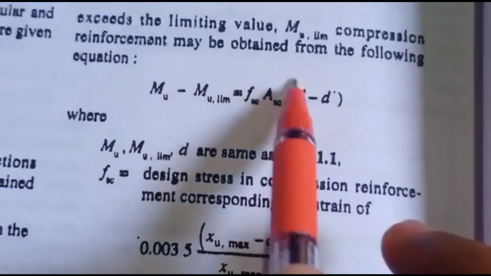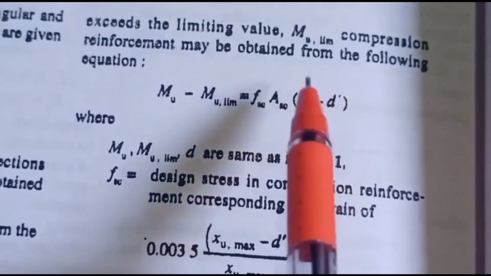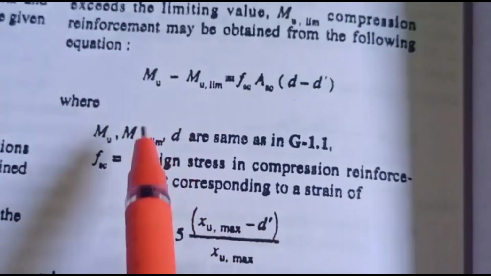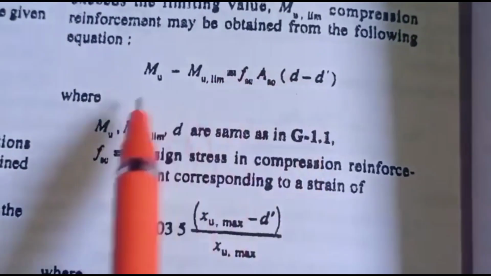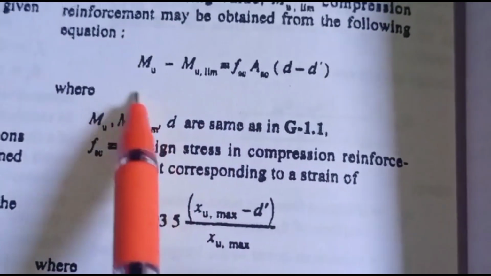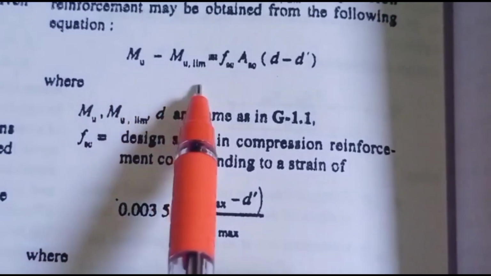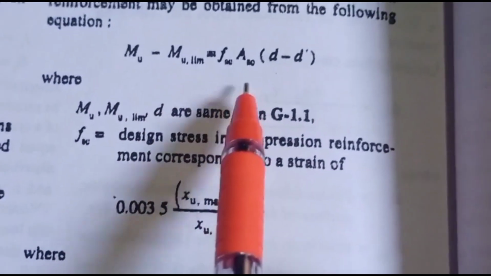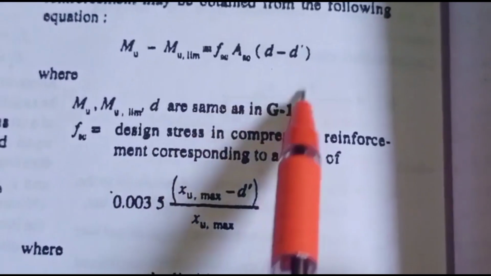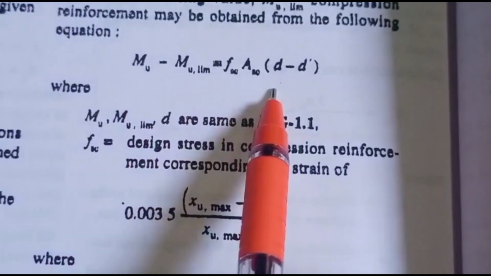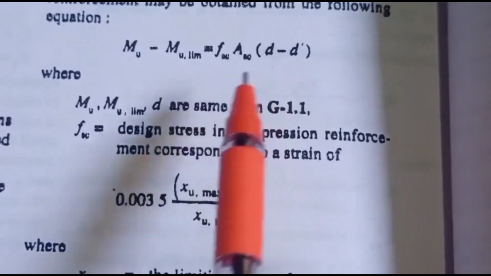Whenever Mu value is greater than Mu limit value, we need to provide compression reinforcement using the equation Mu minus Mu limit is equal to fsc into Asc into d minus d dash. By using this formula, we will calculate Asc.